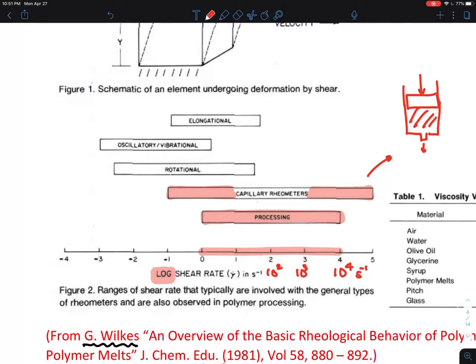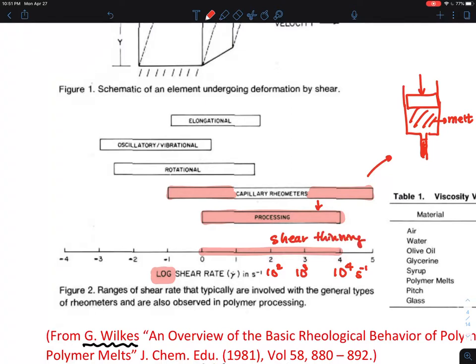So this is a polymer melt at high temperature, and then they push it through the die. Okay, so this is a die, and then from the flow rate they can estimate the rheological properties. So these are the ranges. The capillary rheometer is very related to the processing condition. And this is very related to a lot of shear thinning, which is manifested in these ranges.